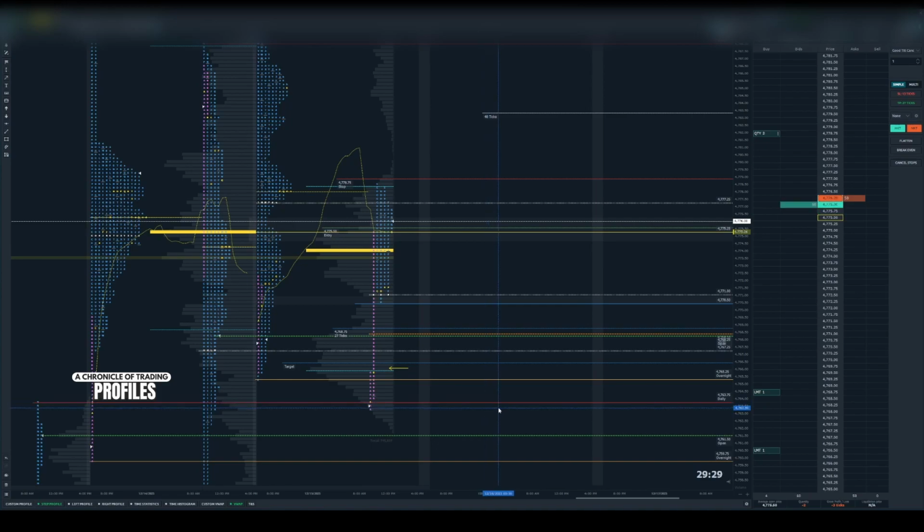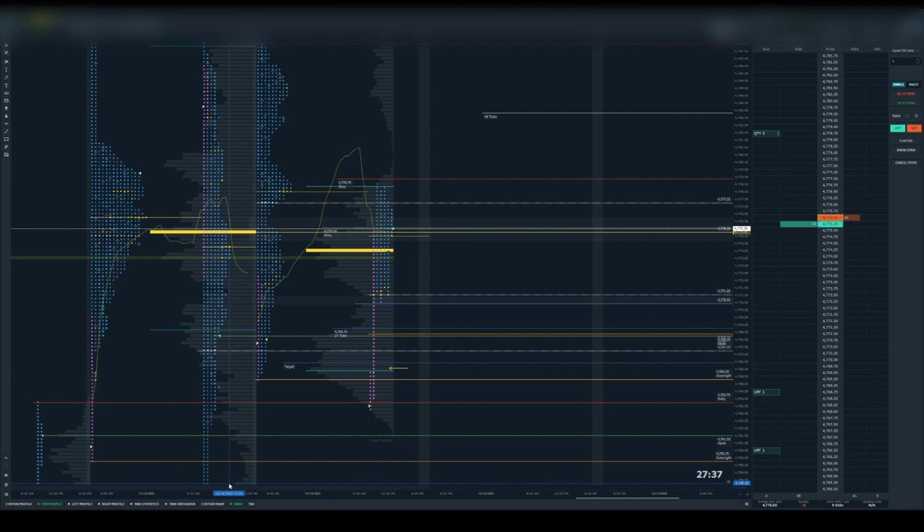Switch to the G period. Right there, I'm looking that the G hasn't even broke that F high. So I feel pretty good about the trade at this point.